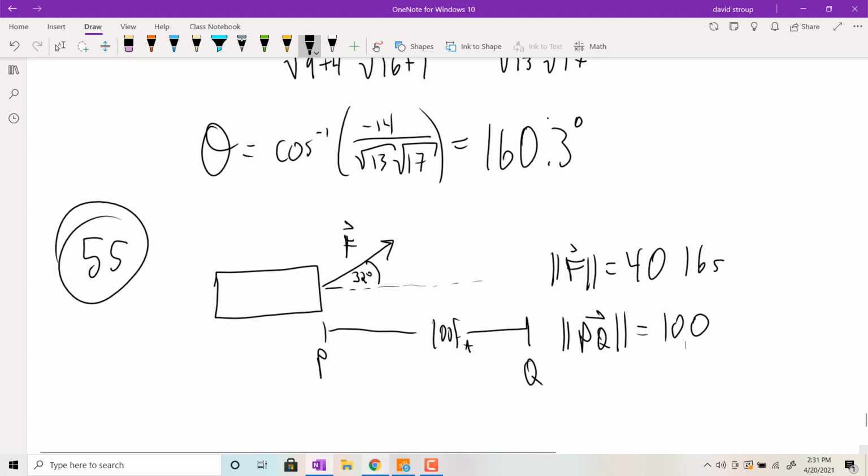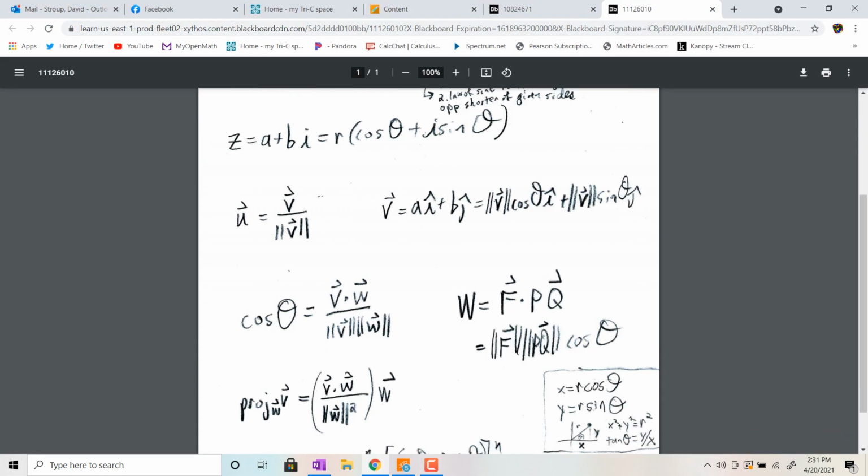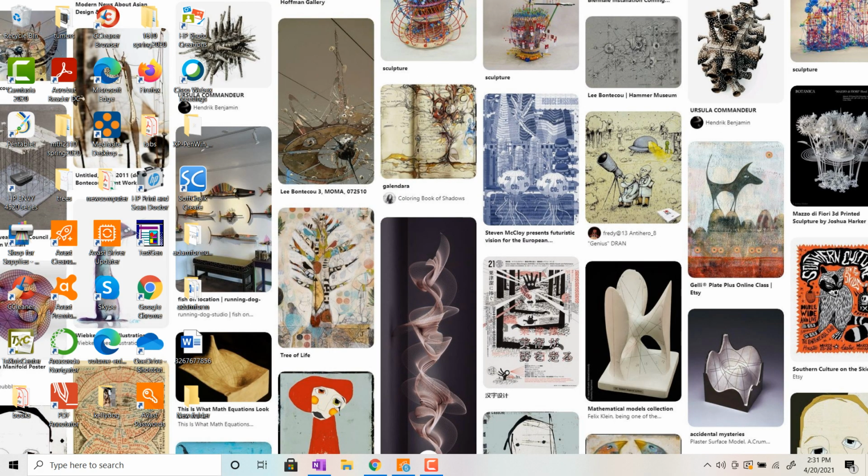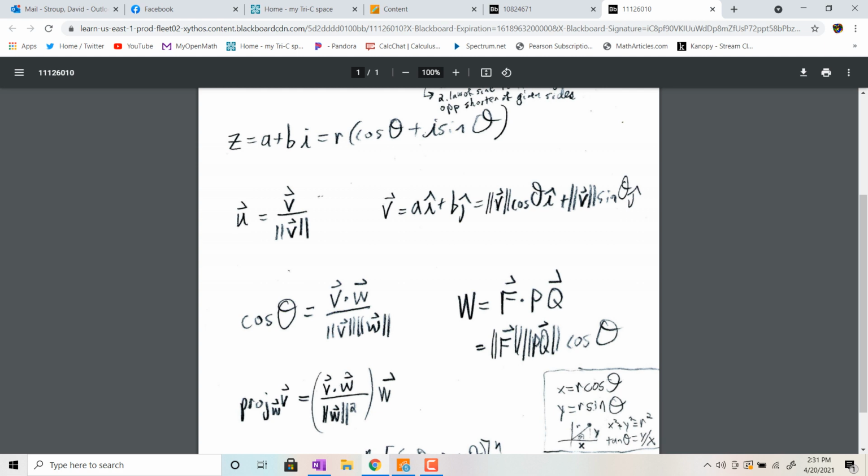And then you just go to your formula sheet for work. Work is either a dot product of those two, or the product of the magnitude of the force times the distance times cosine theta. The PQ inside the double bars really just means a distance. So force times distance times cosine of the angle between the two vectors.